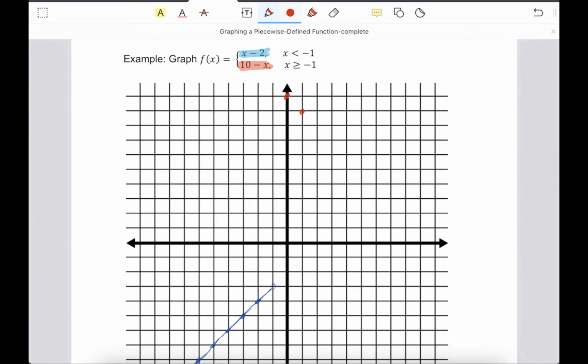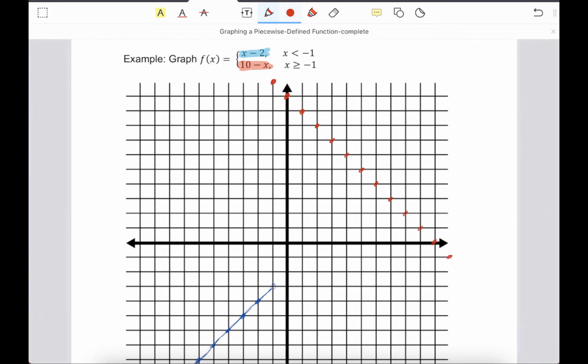So it goes down and over. All these points here. And we know that it's for x is greater than or equal to -1. So I have this point up here.